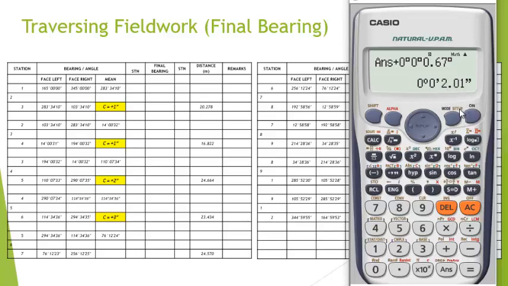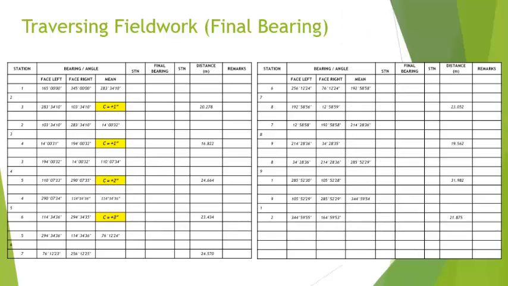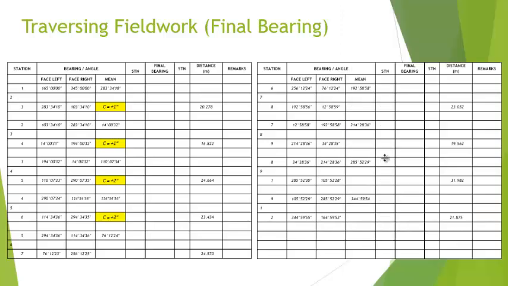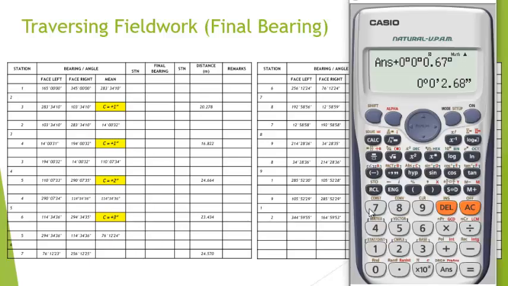Round this value and we get 2 seconds. Again, repeat the process, 0 minutes, 0.67 seconds, and we get 2.68. Rounded to the nearest second, we get 3 seconds. Repeat the process until the last station.